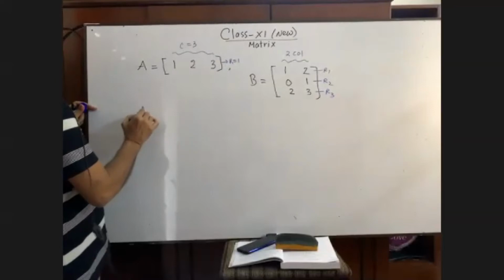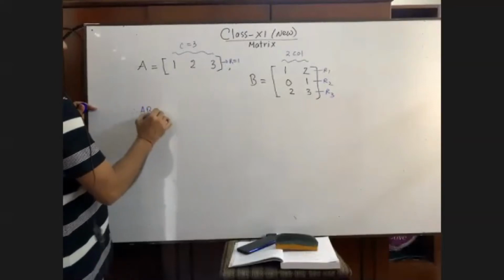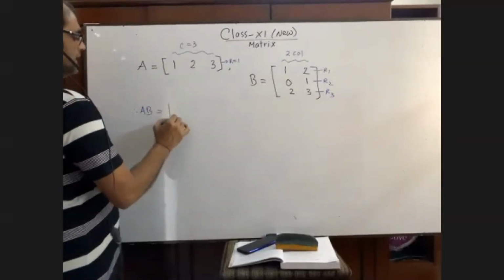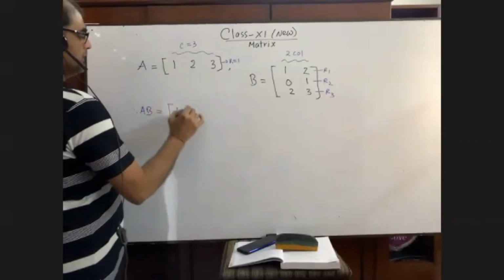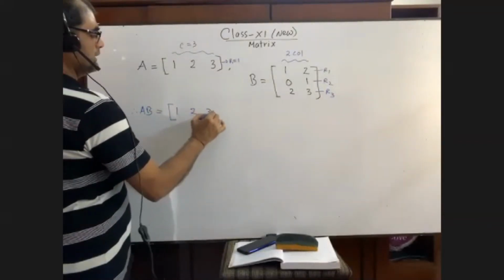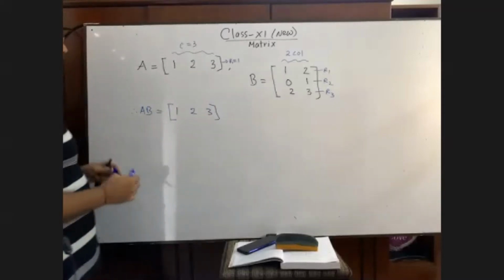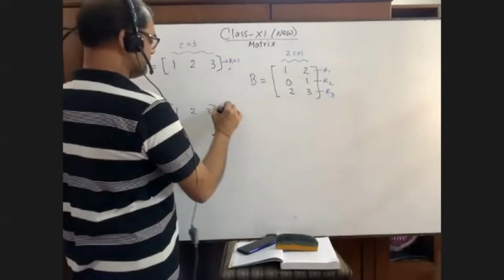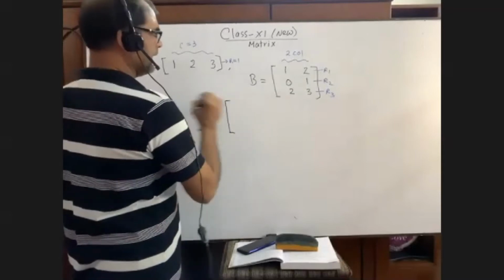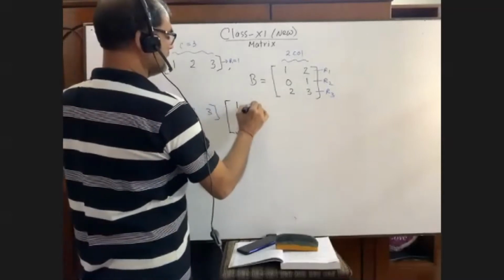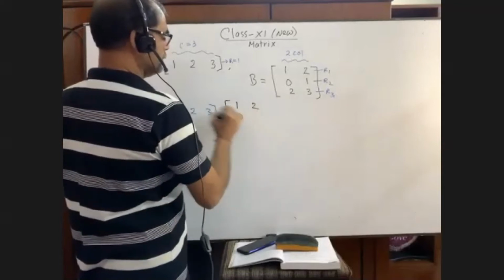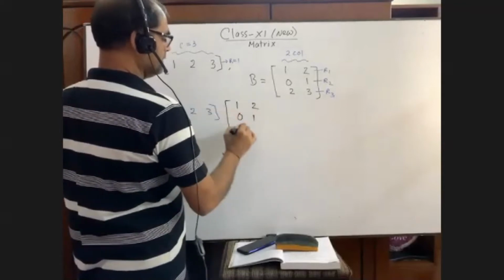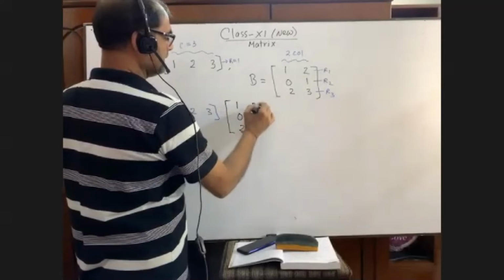Therefore, AB is equal to 1, 2, 3 into 1, 2, 0, 1, 2, 3.